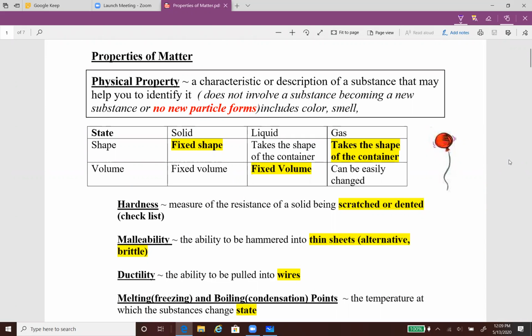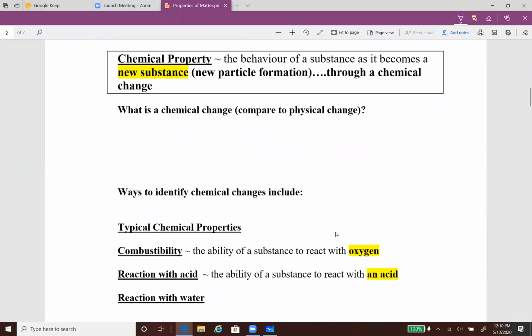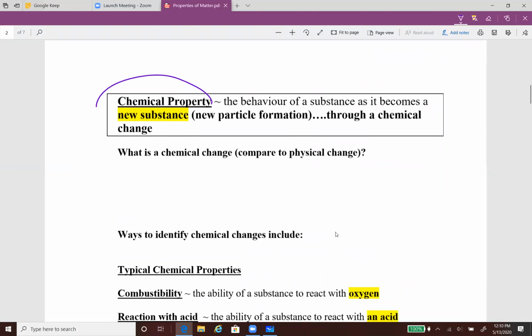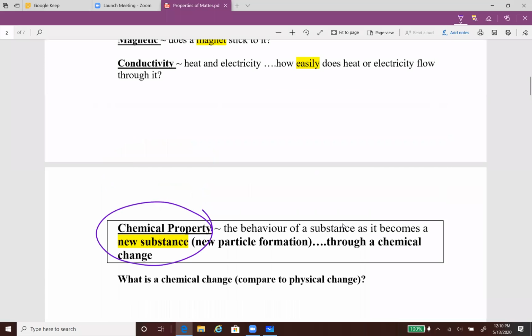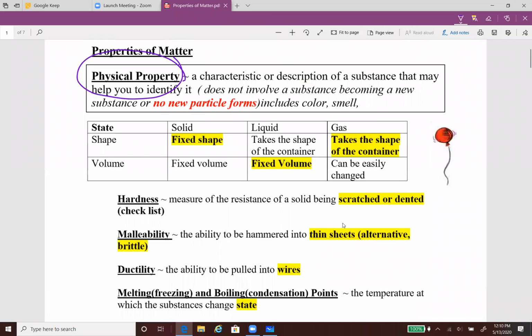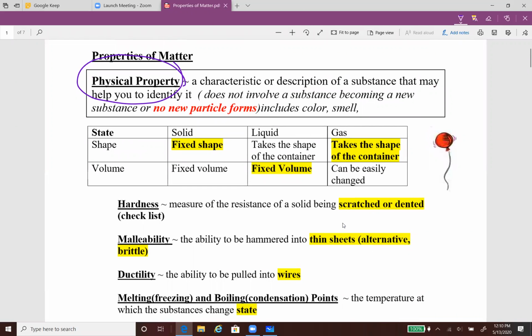We can break them up into two categories: physical properties or chemical properties. A physical property is a way to describe the matter without changing the particle.